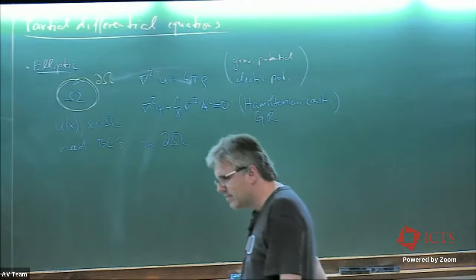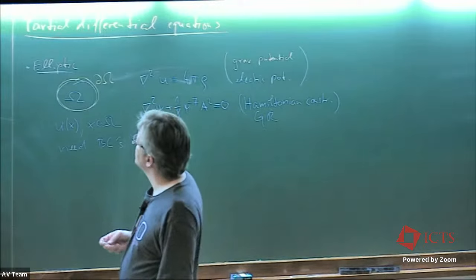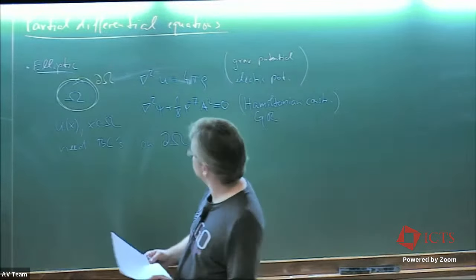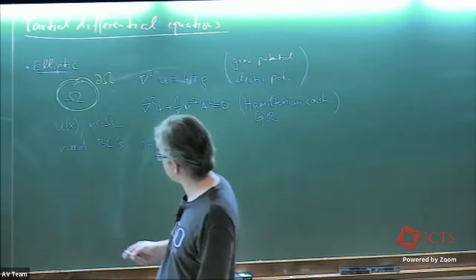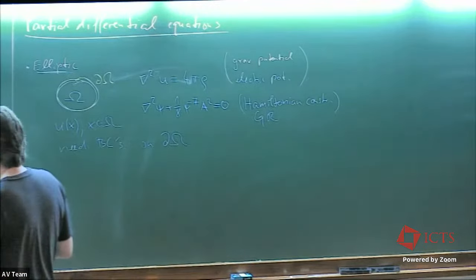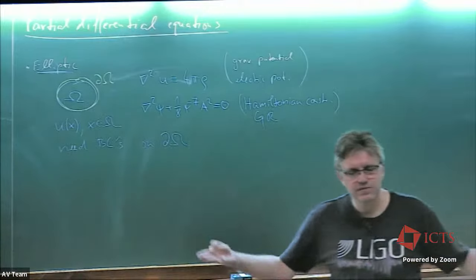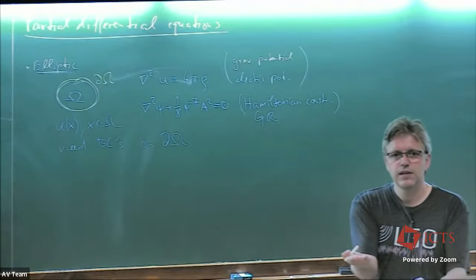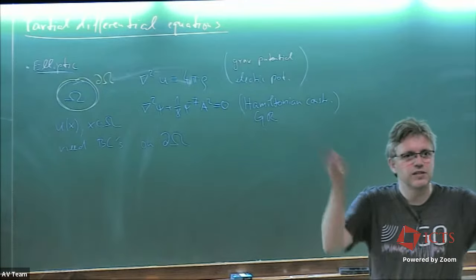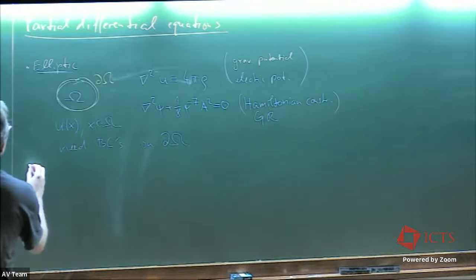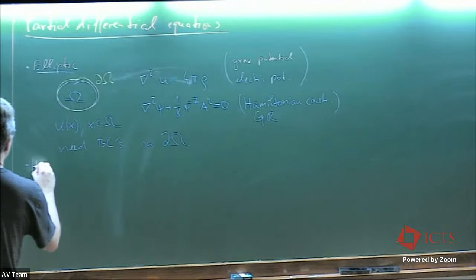The second important set of equations are ones that Geoffrey already talked about yesterday. And those are hyperbolic equations, evolutionary equations where you start with data at one point in time, and you then evolve it forward in time. So let me first put down the sketch.